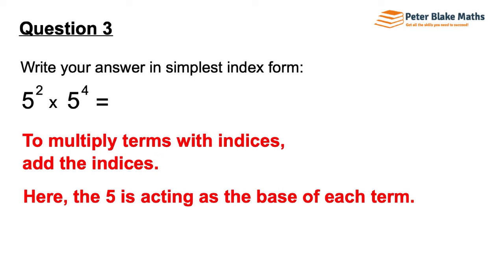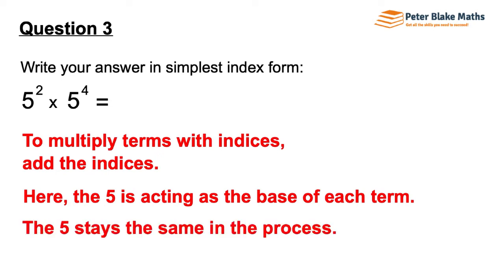It's a bit like where the x would be or the a would be. So the 5 stays the same in the process. Don't be tempted to multiply the 5s together as well as adding the indices. We just follow the indices rule here. So we'll add the 2 and the 4 together and make 6. We must keep that 5 the same because it's acting as the base of the term.